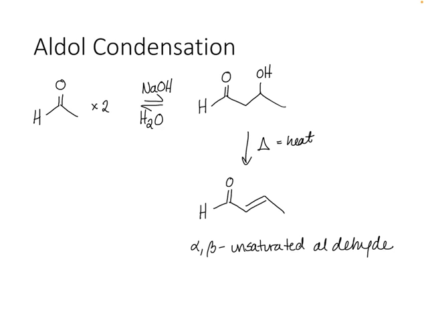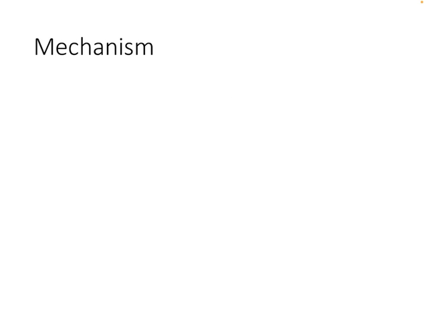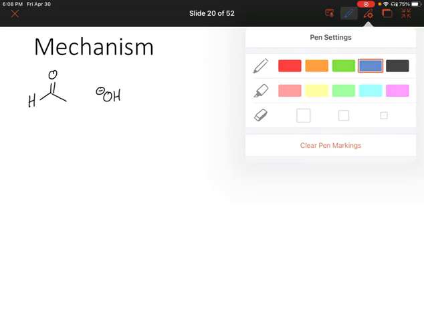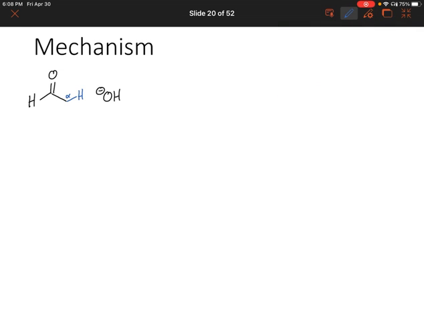So let's look at the mechanism for this aldol condensation reaction. The beginning of this mechanism will look pretty similar. We're starting with hydroxide, and the hydroxide ion is going to take one of the alpha protons, which will leave electrons behind, move electrons up to oxygen, and we end up forming that enolate.